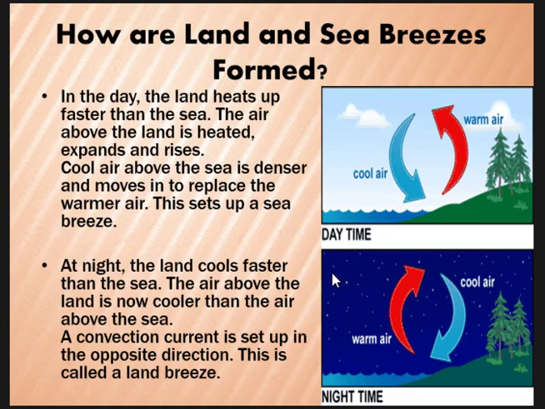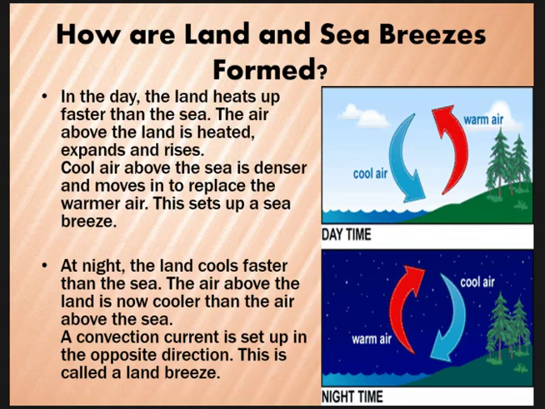Now, interestingly, convection current can happen on a very big scale. For example, it can produce wind or breeze. There are two types of breeze. First is the land breeze, and the other one is the sea breeze. Land and sea breezes are convection currents formed over a large part of land and the sea.